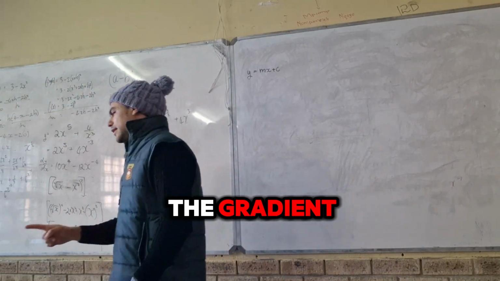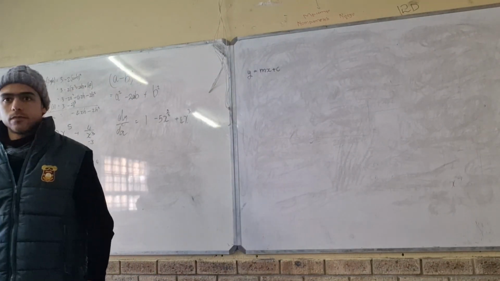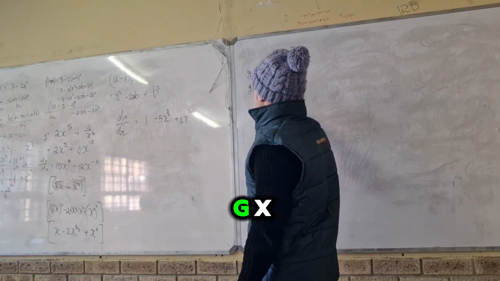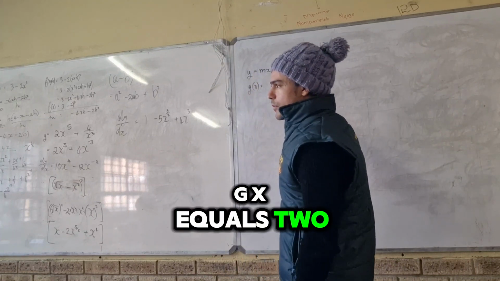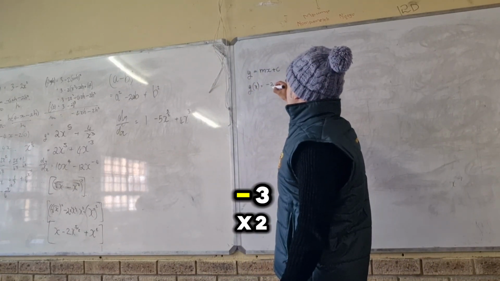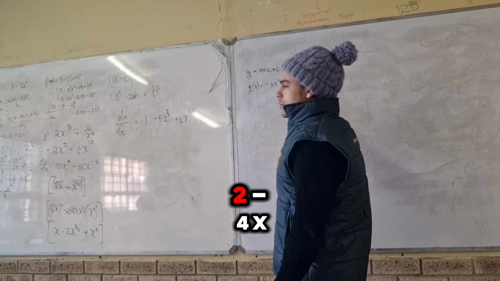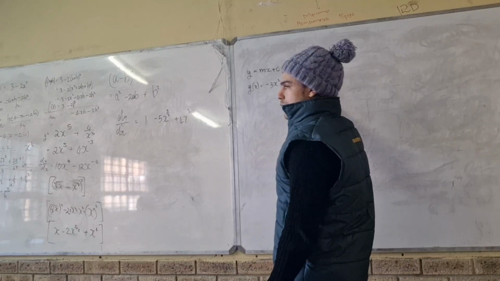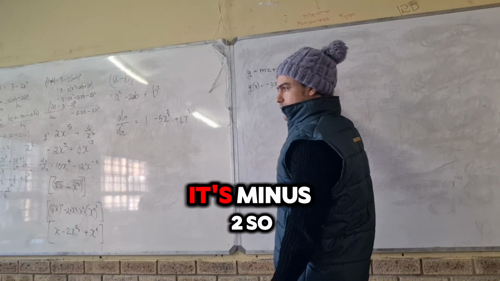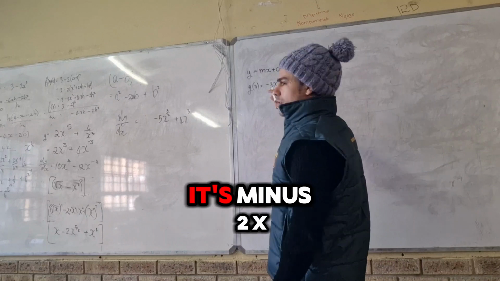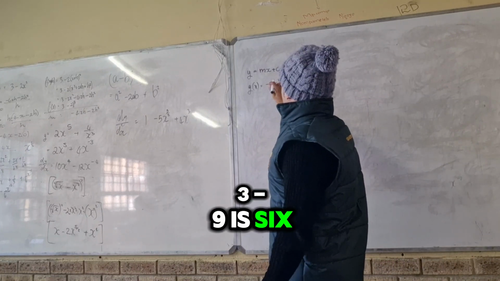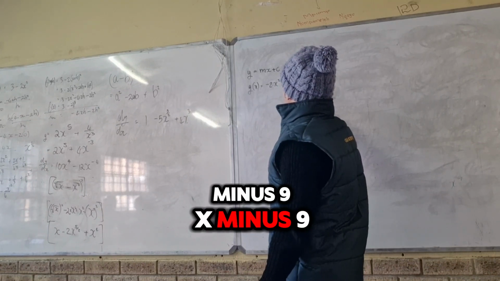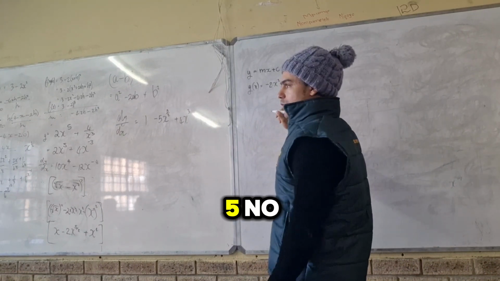How do we determine the gradient? The gradient is the derivative, g'(x). So give me the function quickly. g(x) equals -2x squared minus 9x plus 5.